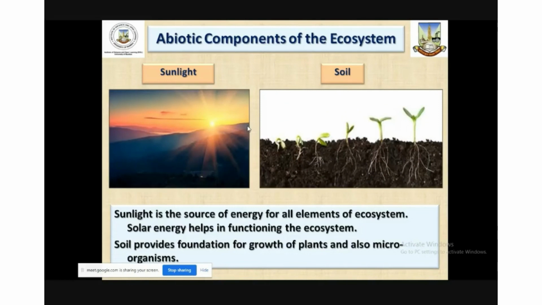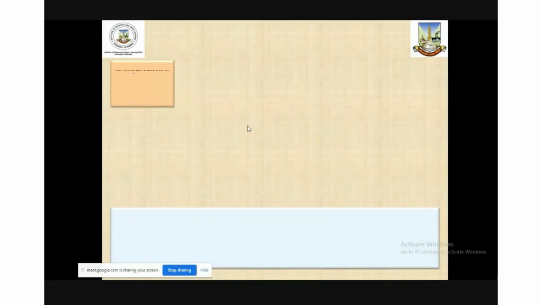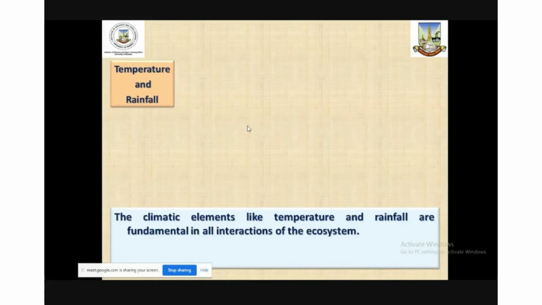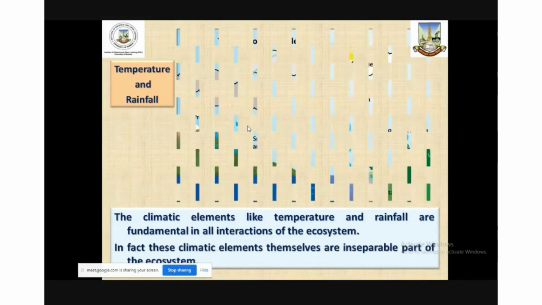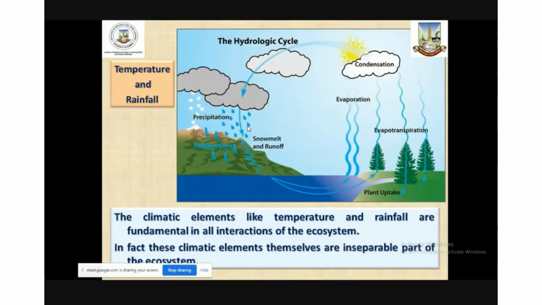And plants can only grow in soil, and the kind of plants that grow in the soil depends upon the physical, chemical, and biological characteristics of the soil. The climatic parameters include temperature and rainfall, which also play an important role in the ecosystem, because they are fundamental in the growth of plants and also the sustenance of other living beings in the ecosystem.